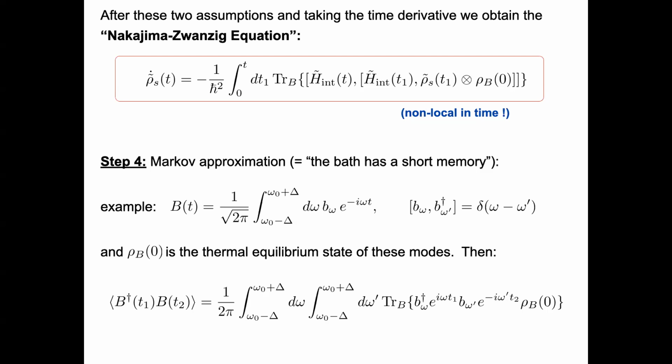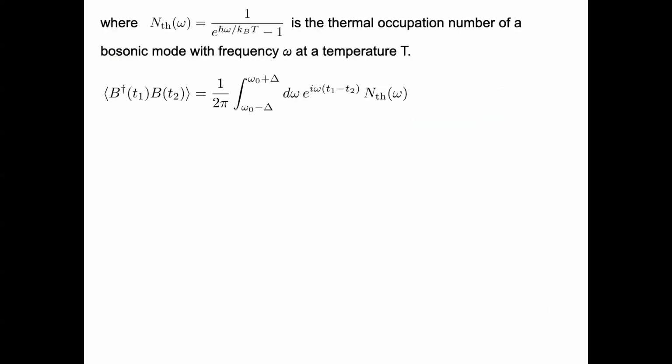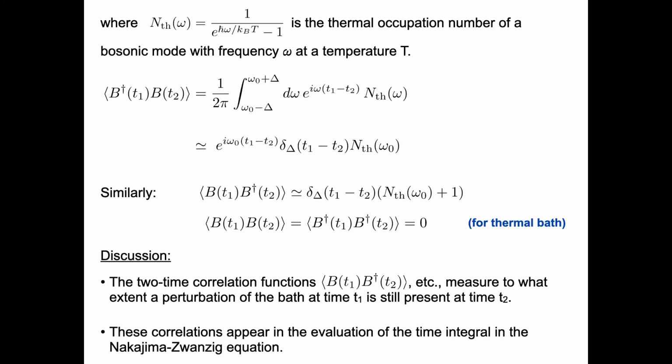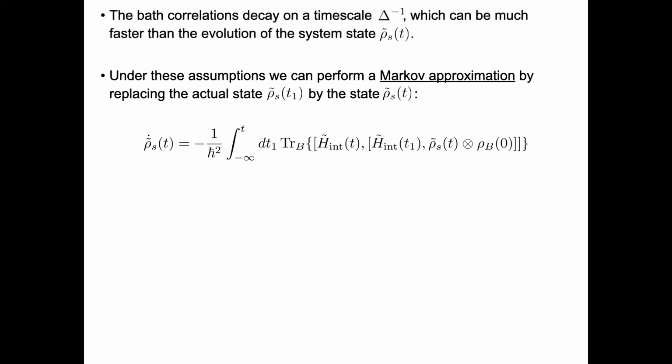But the only thing that we want to use is that the correlation functions of these bath operators decay fast on the scale of the system dynamics. That's the only assumption we make, and therefore in this whole integral we can replace the system density operator at t1 with the system operator at the upper boundary.